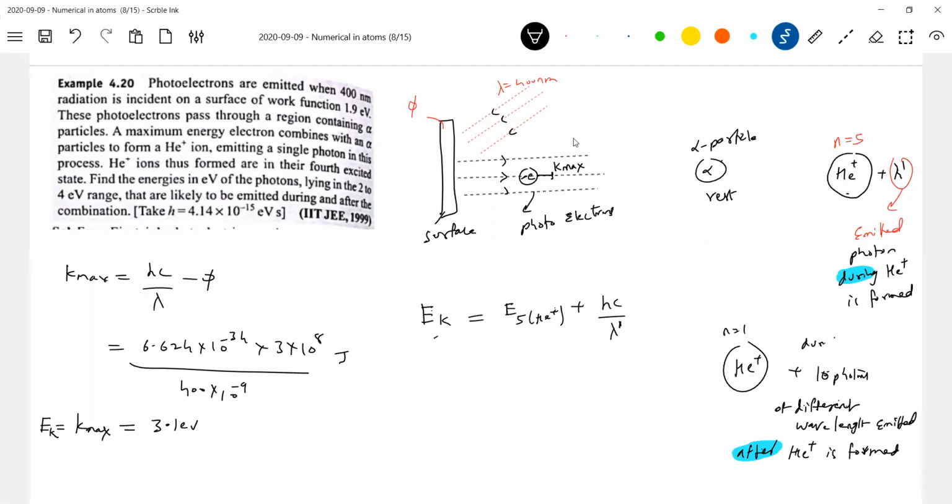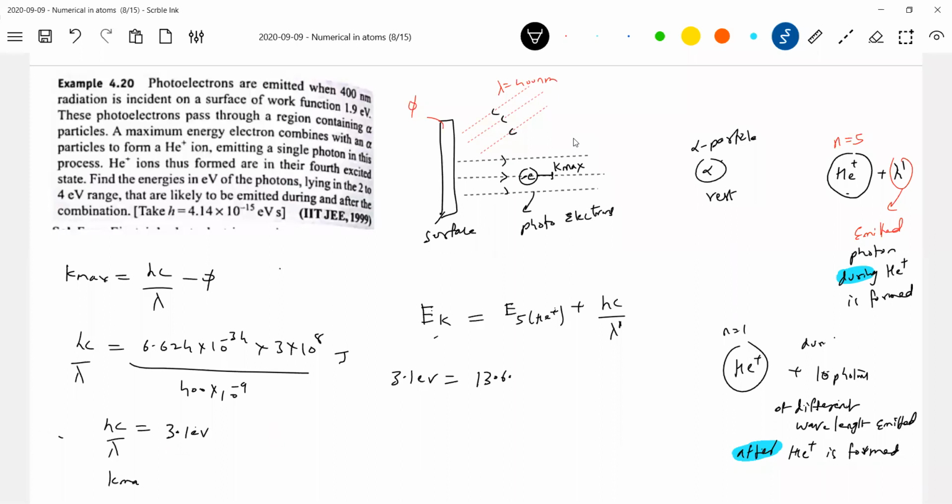If you forgot, EK is 3.1 electron volt, and R is 13.6. The energy of the photon, hc by lambda dash, should be equal to 3.1 electron volt.